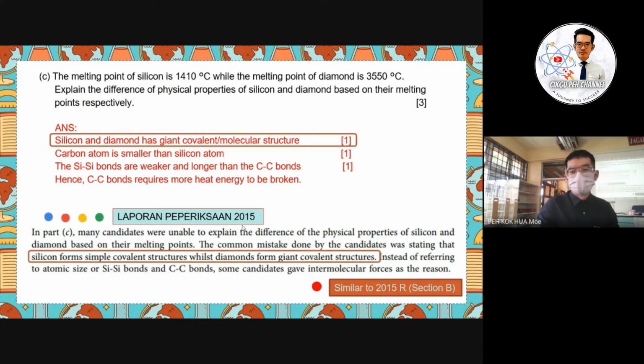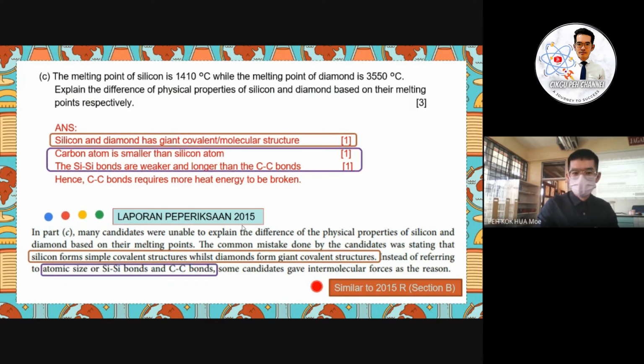Both have the same type of structure, and the difference in melting point is because of the size, causing the bond length to be different and the strength of the bond to be different. This is the more common mistake made by previous candidates. You have to give the size of the atom.